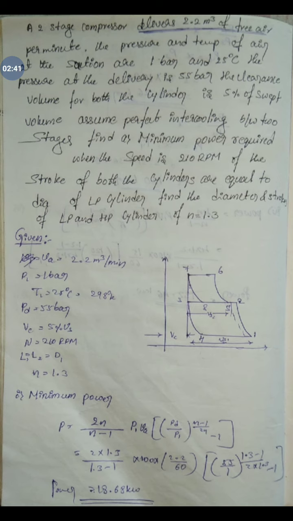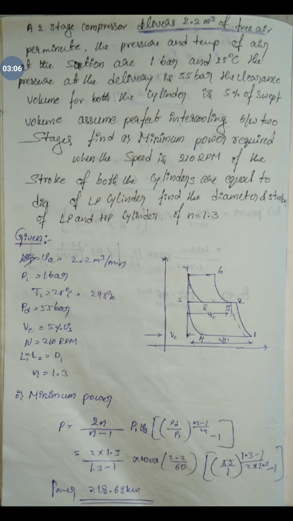I already explained that 1, 2, 3, 4, 1 is nothing but your LP cylinder, and 5, 6, 7, 8 is nothing but your HP cylinder. In the diagram, the clearance volume is the same for both the cylinders, so 7 and 3 fall on the same line, and from that vertical line is nothing but your clearance volume VC.